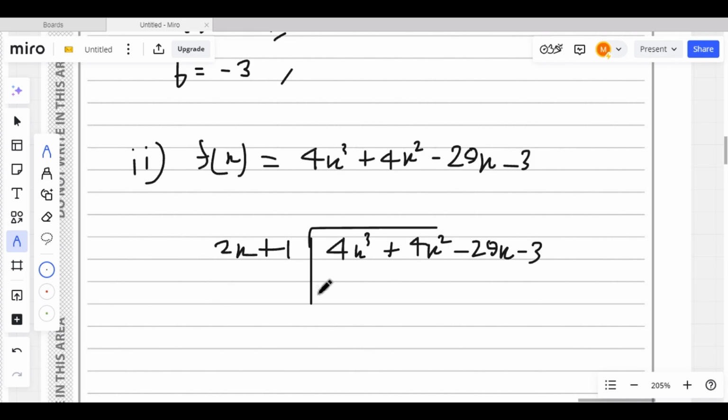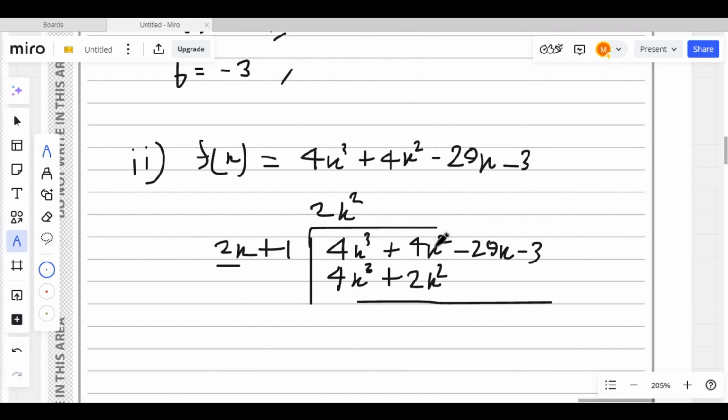So at first, the first term is 4x cubed. What we need to multiply with the first term of the factor to get 4x cubed? Definitely this is 2x squared. So we'll get 4x cubed plus 2x squared.